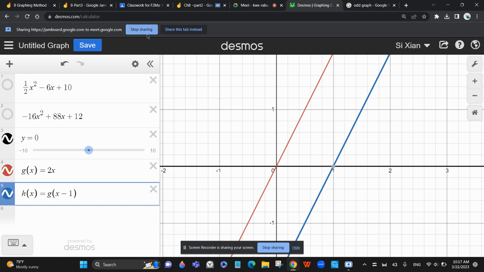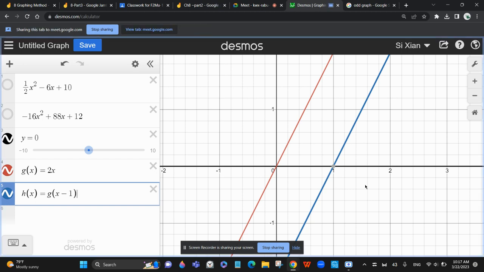If you see, I share this tab. Can you see the Desmos graphing app? So if your g of x is 2x, while h of x is g of x minus 1, the red one is over here, but the blue one is over there. If I say g of x minus 1, it's like you move the function to the right.